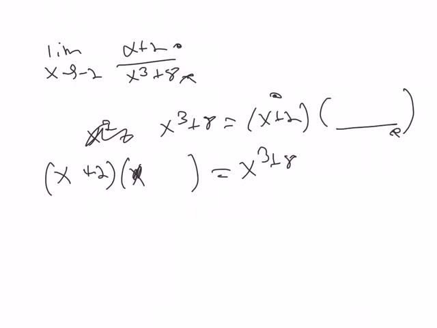The first thing we need is the x to the third, so in order to do that, you need an x squared over here. So you're going to put an x squared here. Now let's write it out. We have x to the third, and the 2 times x squared is going to give you plus 2x squared.